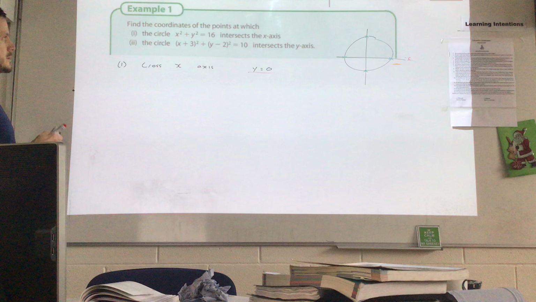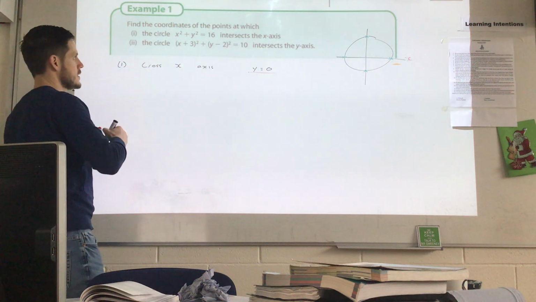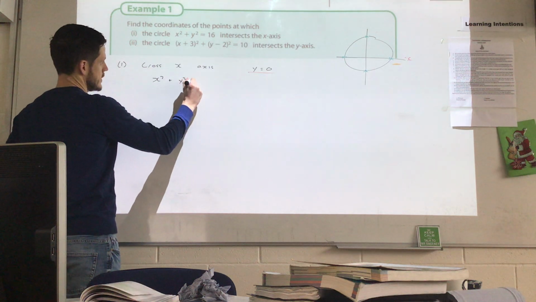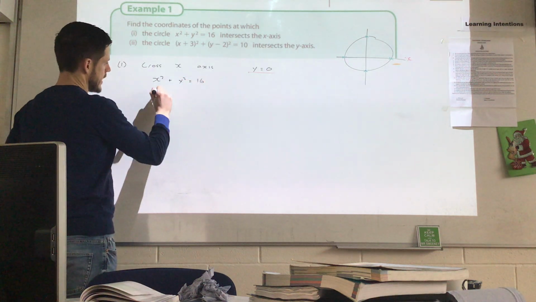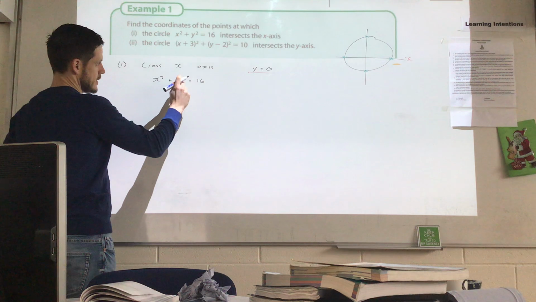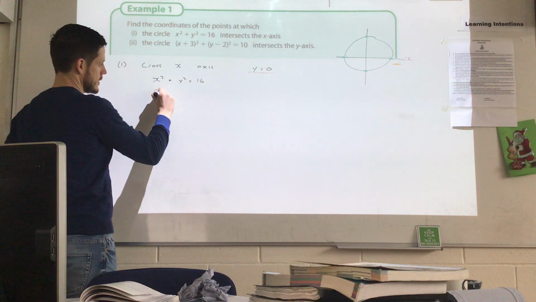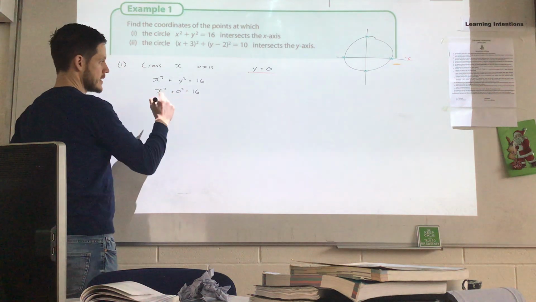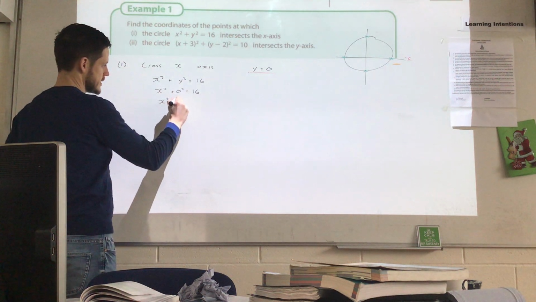So I can just sub 0 in here for y. So I get x squared plus y squared is equal to 16, and instead of having y squared, I can go x squared plus 0 squared is equal to 16. 0 squared goes away, so I get x squared is equal to 16.